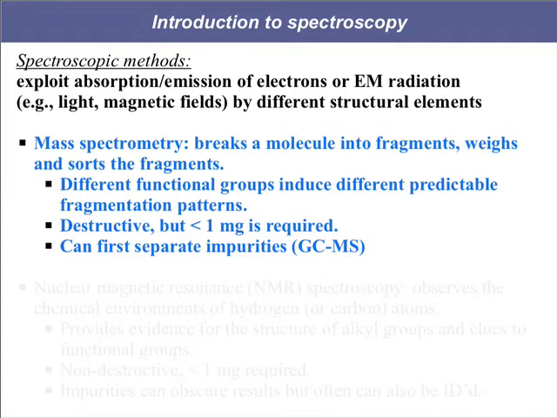So again, we're going to be breaking molecules into fragments. We're going to be weighing and sorting the fragments. We're going to use our understanding of functional groups to figure out how functional groups will induce different predictable fragmentation patterns. And we're going to talk about other methods for separating impurities, such as GCMS.